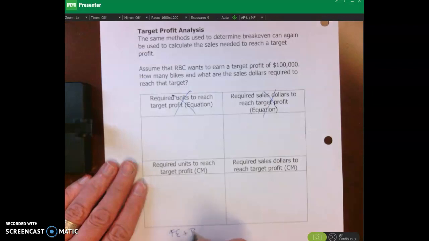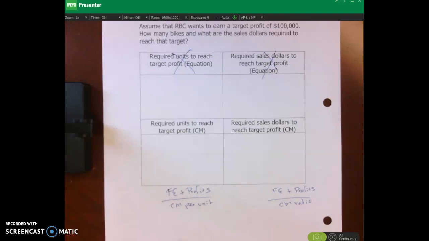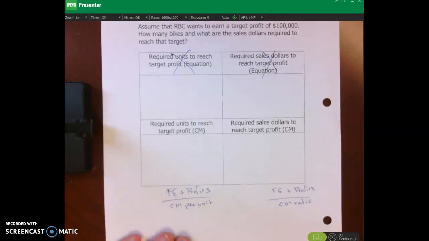Fixed expenses plus profits divided by CM per unit. In terms of sales dollars, it's fixed expenses or fixed costs plus profits divided by our CM ratio. Okay? Right there.